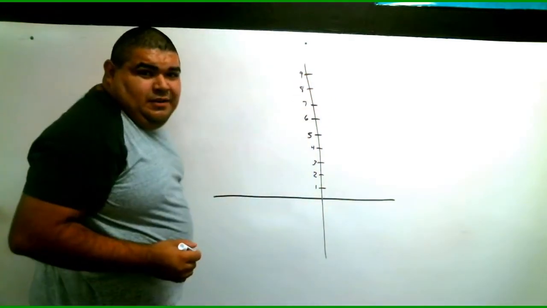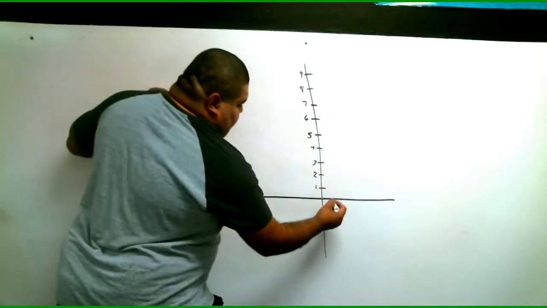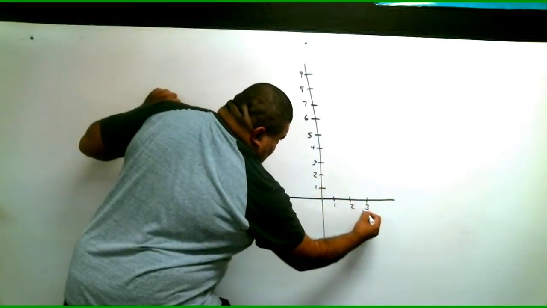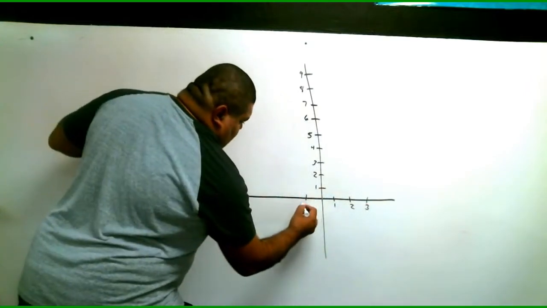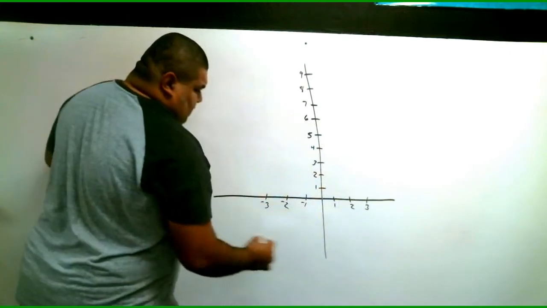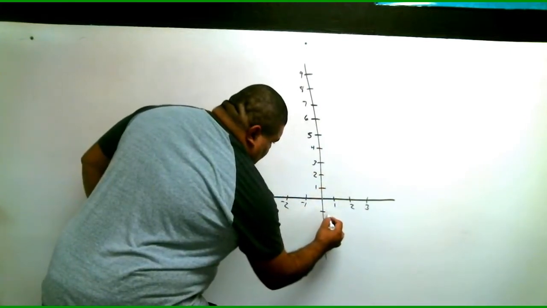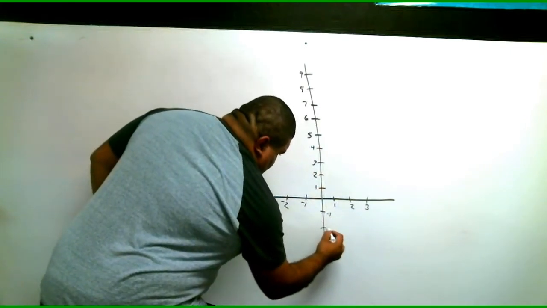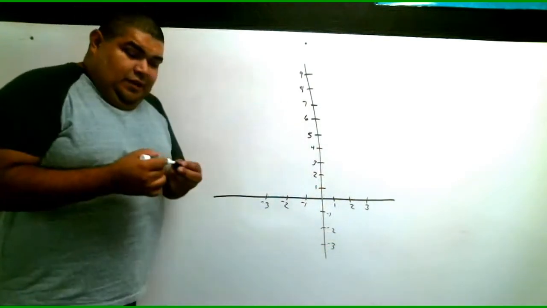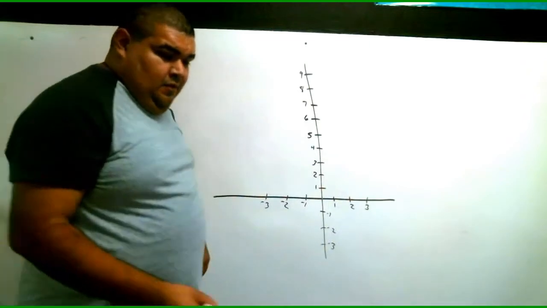It looks like it went a little crooked, but it's okay. Then we have 1 here, 2, 3, negative 1, negative 2, negative 3. Once we have our graph, we can actually start graphing.